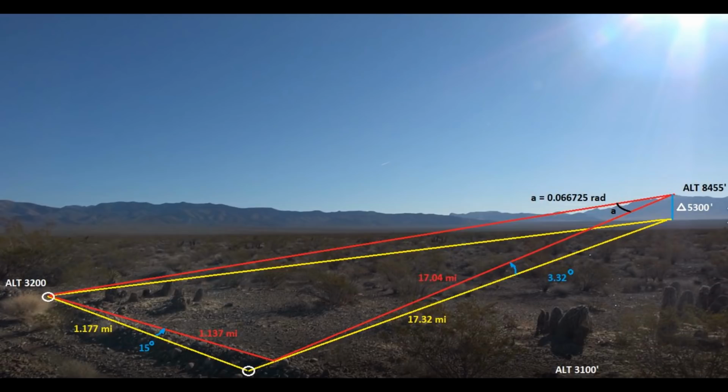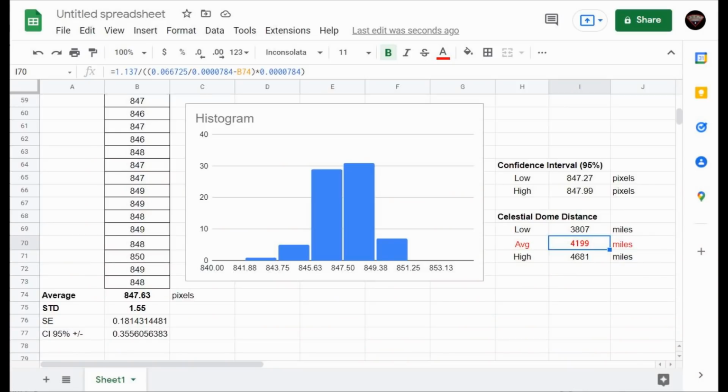And what I found out just blew me away, folks. Have a look at this. I plotted all my data in a histogram and found the average 847.63 pixels, standard deviation, and the confidence interval, and plugged that into my equations, and I was blown away.